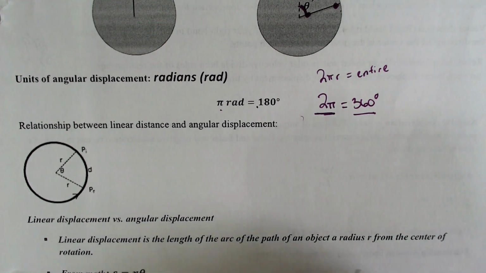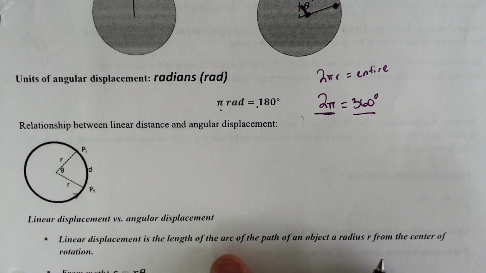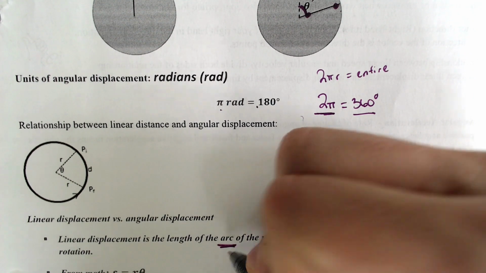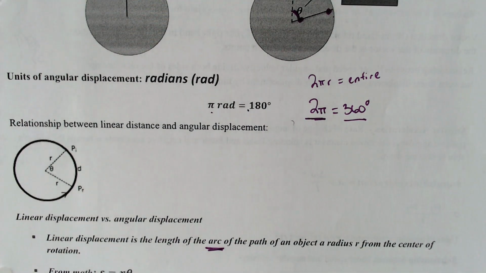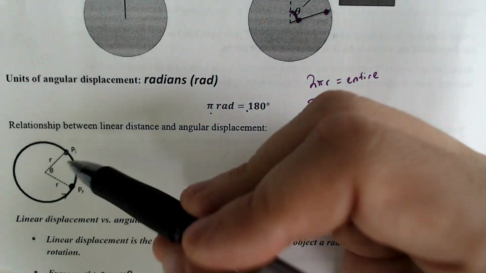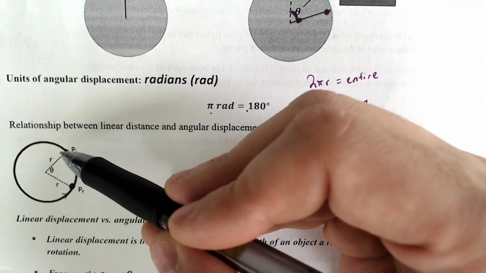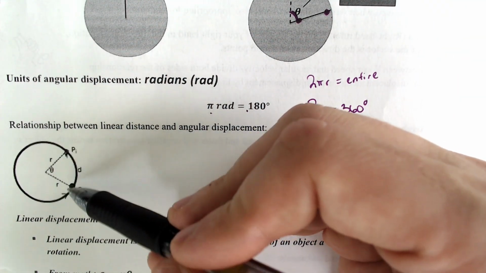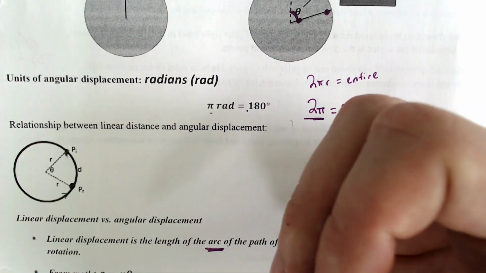All right. Linear displacement is the length of the arc. The arc is not what we have previously done in this class. When we talked about going from here to here or vice versa, you would connect the dots and you would get the straight line. That would be the actual displacement linearly.